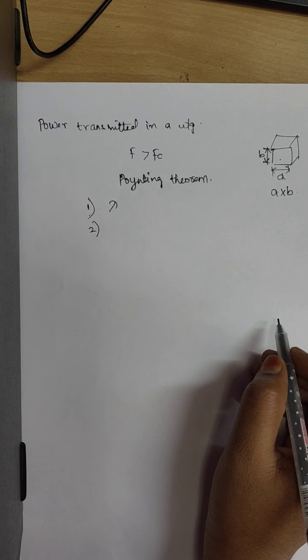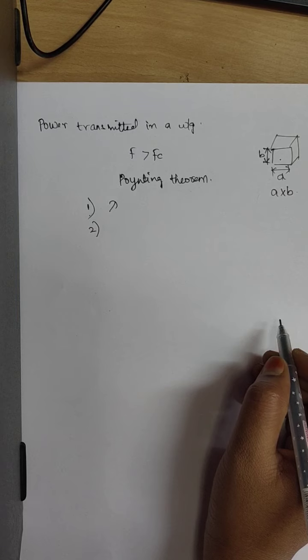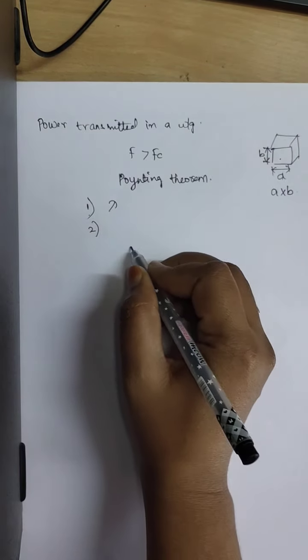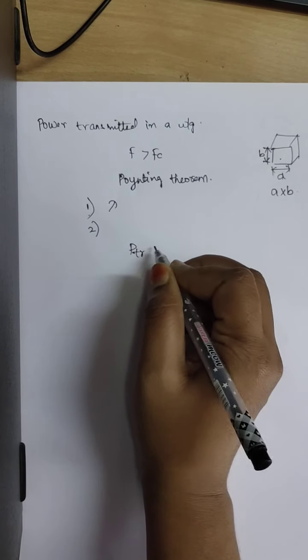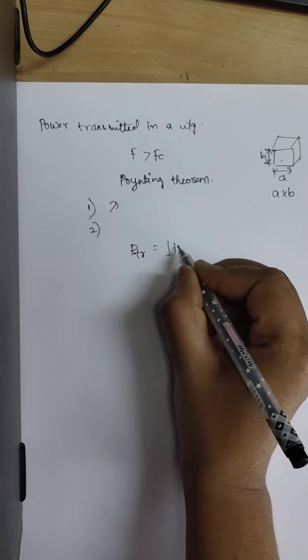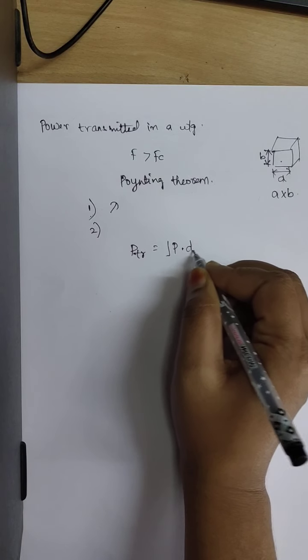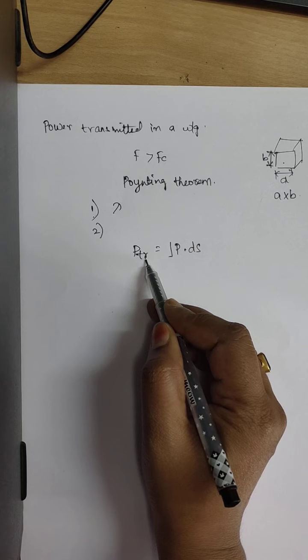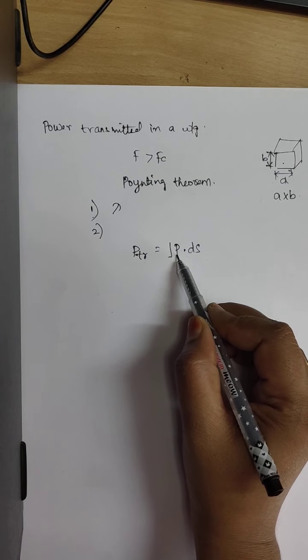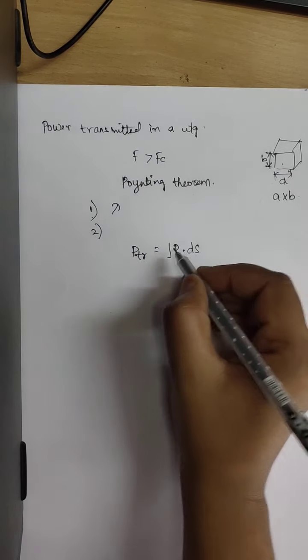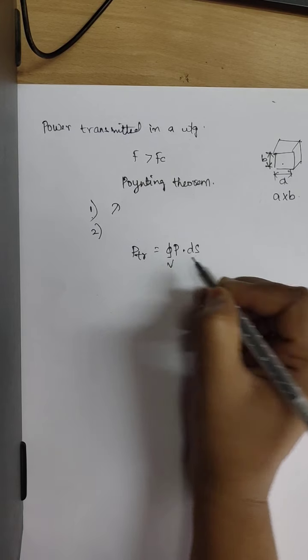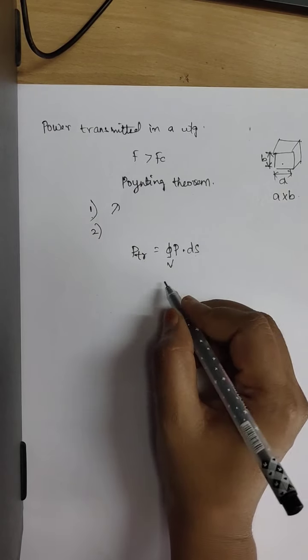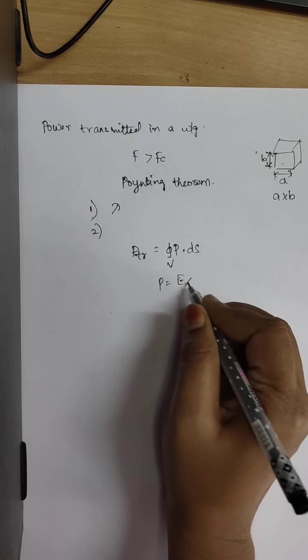In this case, the power transmitted through a waveguide is calculated by the complex Poynting theorem as P dot ds. It means the power transmitted can be calculated from the power flowing through the surface enclosed by a volume, where P is equal to E cross H star.